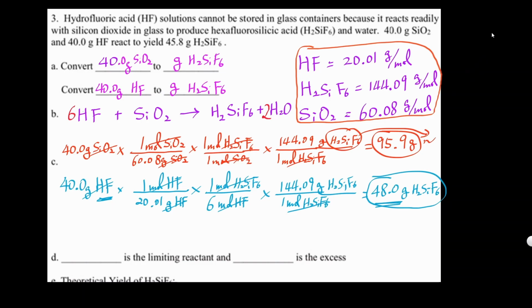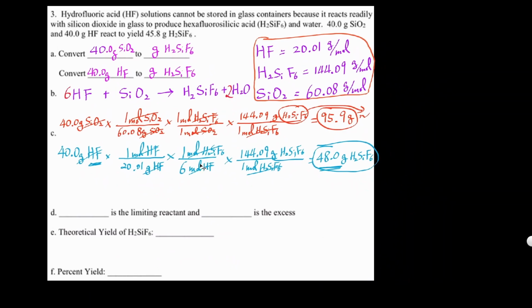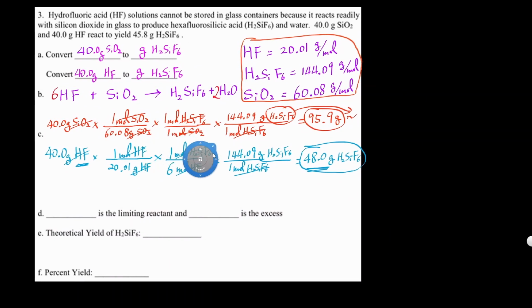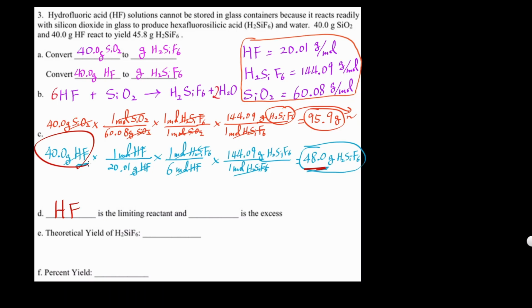So using HF all the way, we made less of it. That means HF is the limiting reactant, and silicon dioxide is the excess reactant.